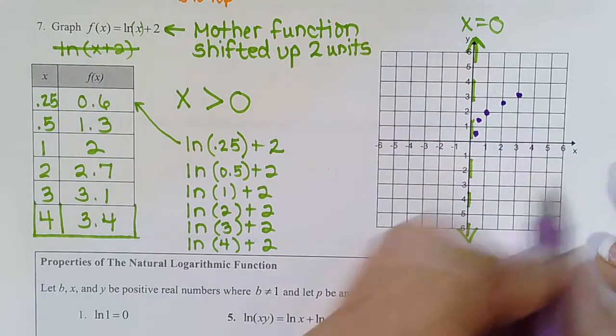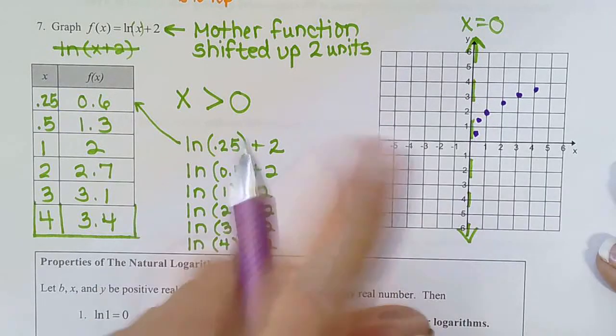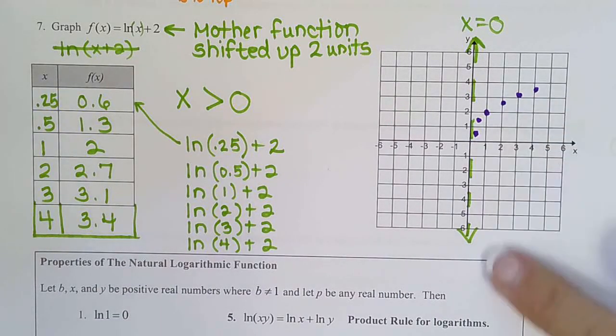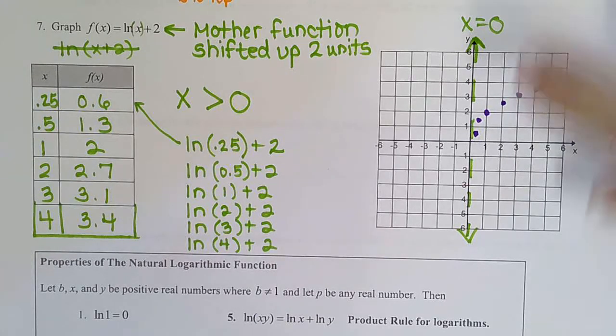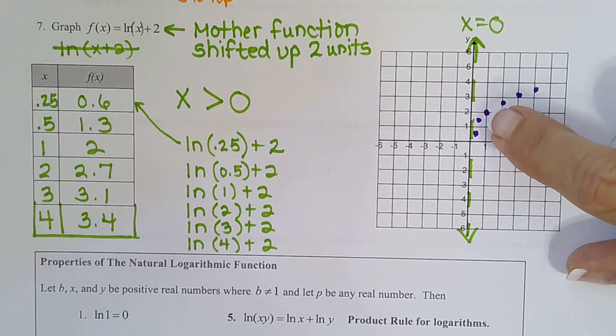And 4 goes with 3.4, which is a little under 3.5. So you can see your graph, just like this one, same shape, but just shifted up 2. So instead of crossing at 1, 0, it crossed 2 points up at 1, 2.